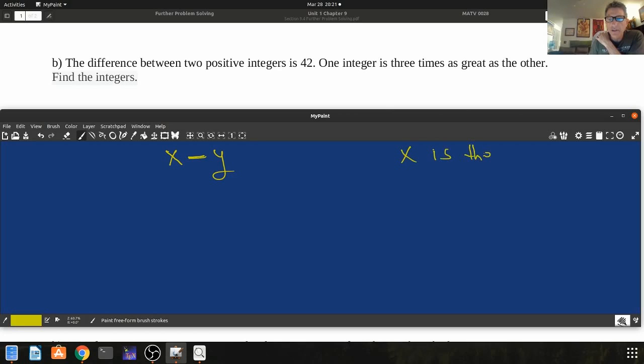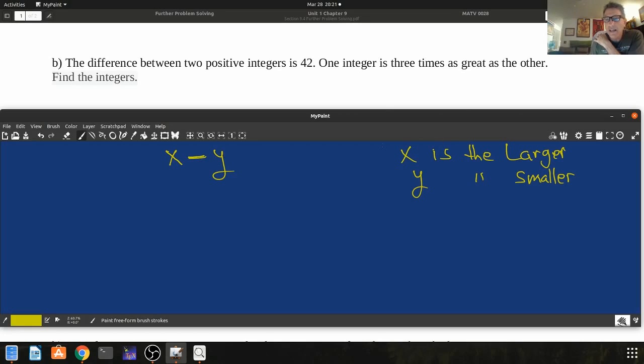So remember, an integer is just a whole number, positive or negative or 0. x is the larger, and y is going to be the smaller. So x minus y is 42.